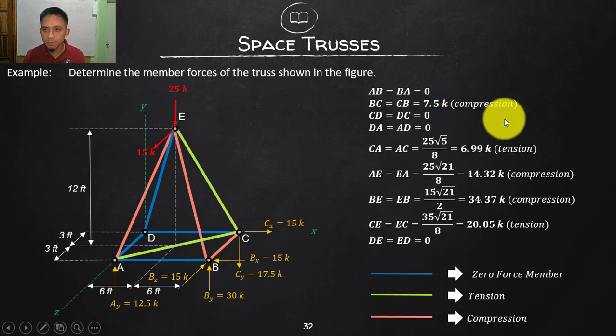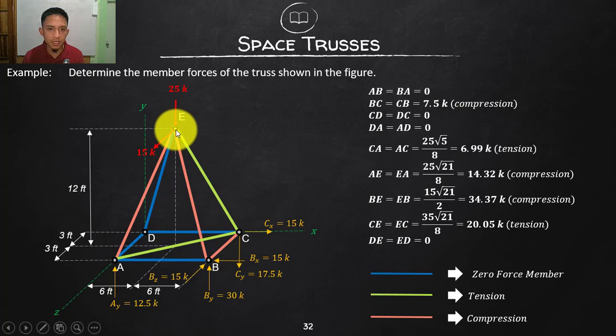And then look at this. How many are in tension first? 2: your CA and your CE. These are colored green. So why are they in tension? Because look at this. It is supported here, restricted here and restricted here, and it is being pulled in that direction.